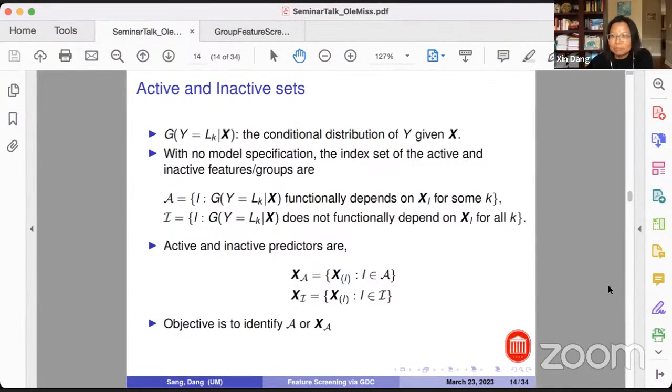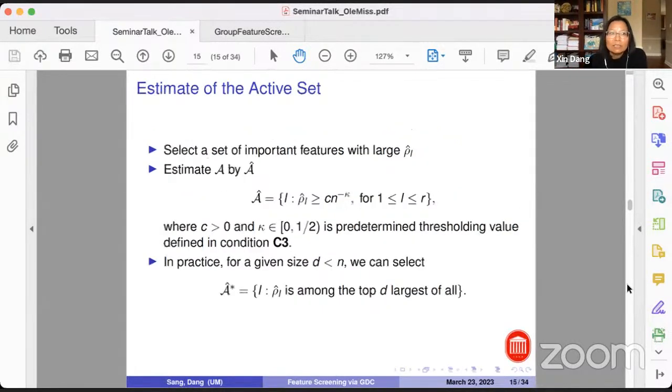Our objective is to identify A, or X_A. That's all the screening procedure wants to do. What we're doing is we select important features and put them into A. So we select the important features with large sample Gini correlations. If this is large enough, we put it into A. So we estimate A by this A hat, the set where your Gini correlation is larger than this quantity.